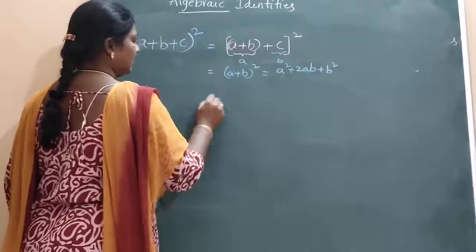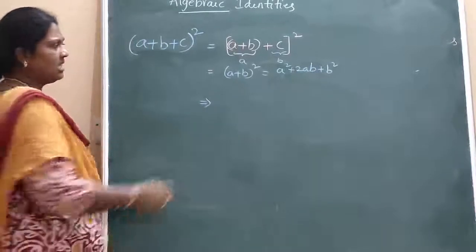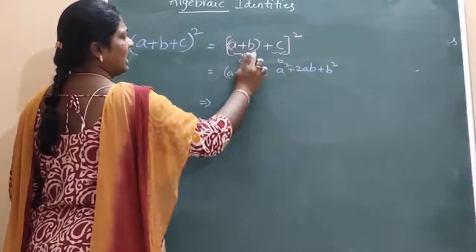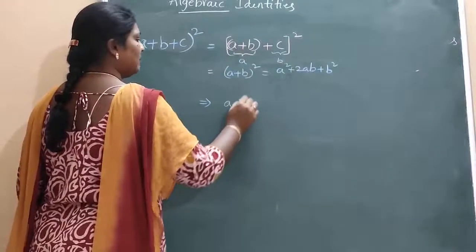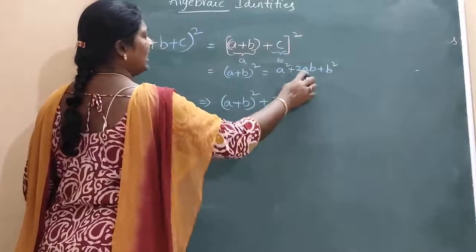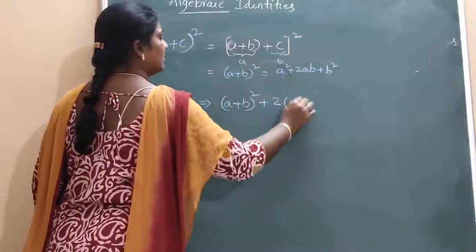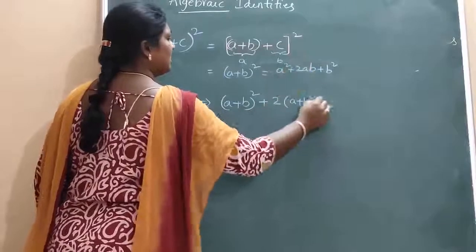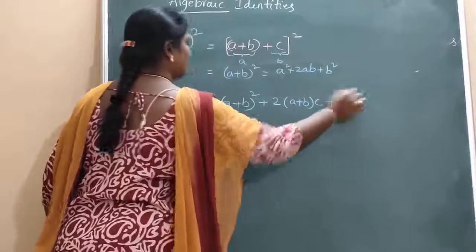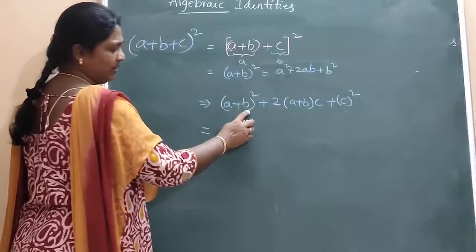So like that we have to extend. That is a plus b whole square equals a square. Now here a square means a plus b whole square, plus 2 into a means a plus b, into b means c, plus b square is c whole square. Again here we got a plus b whole square.